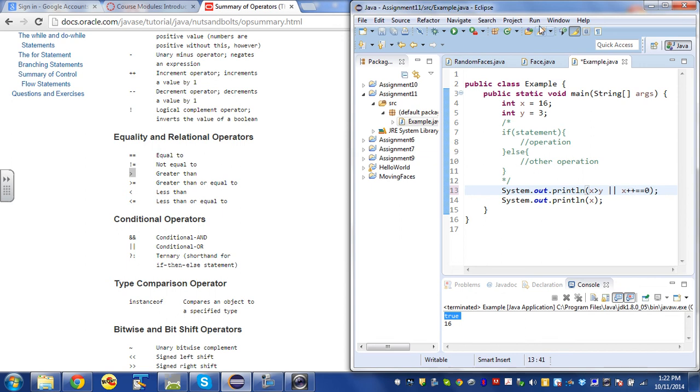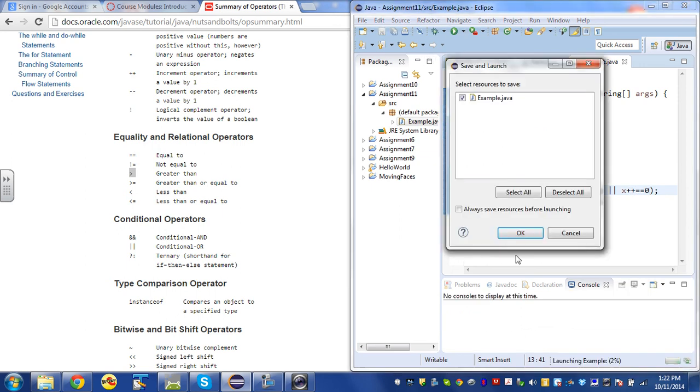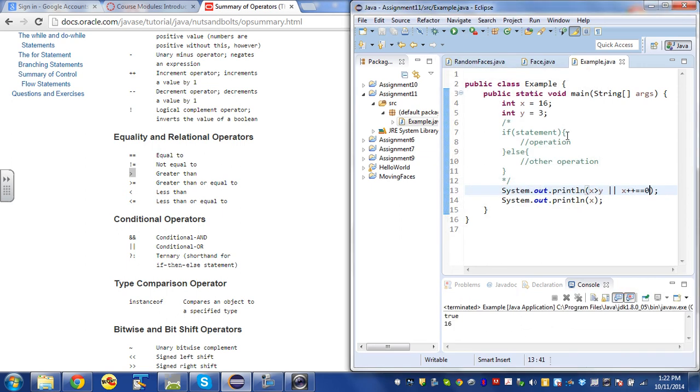If I run this, x stores 16. X plus y is equal to true. X plus plus should have added 1 to x, but when you print out x down here, it's still printing 16. It never evaluated the x plus plus equals 0.